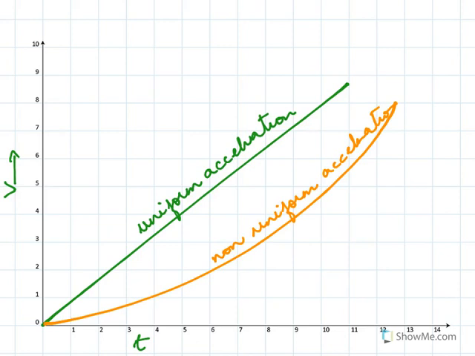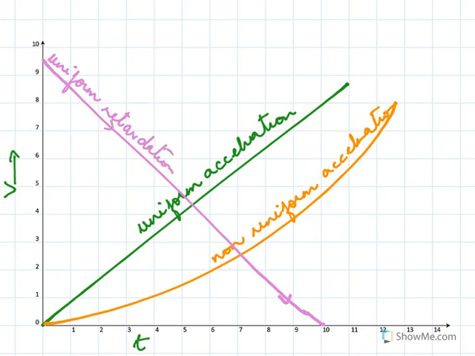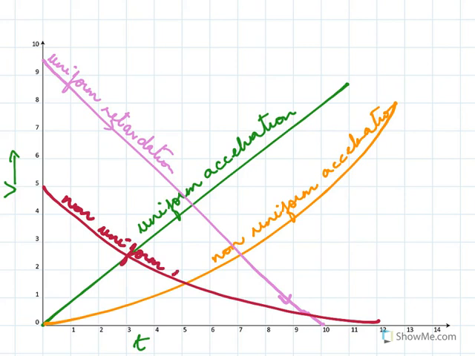Now, together with acceleration, we also have retardation. If the graph goes straight down like this, this is uniform retardation. Why uniform retardation? The velocity is decreasing, but uniformly. And if we have a graph something like this, it is also retardation, but this is non-uniform retardation.